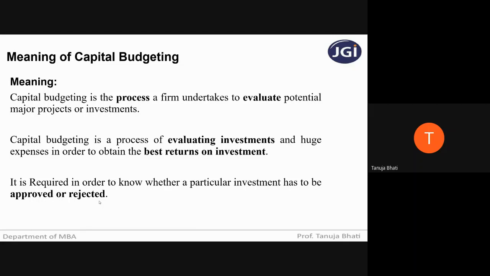So it has to choose such a project where it is fitting within the budget of the company, as well as it is going to give the maximum profits to the company after selecting that particular investment proposal. So this in short is meant by capital budgeting.